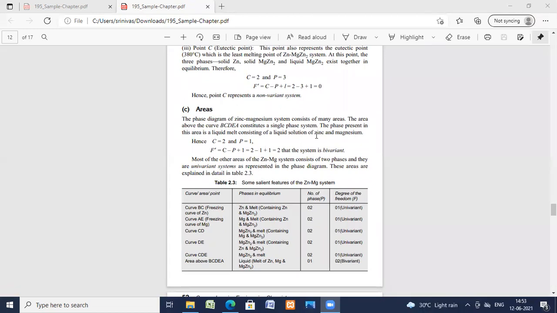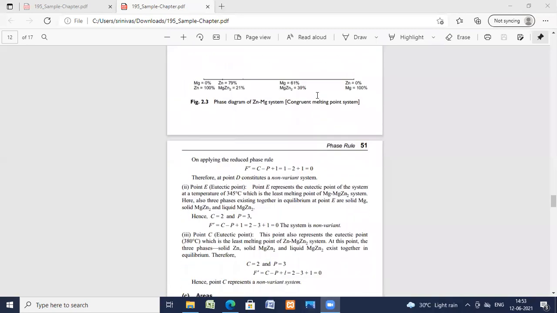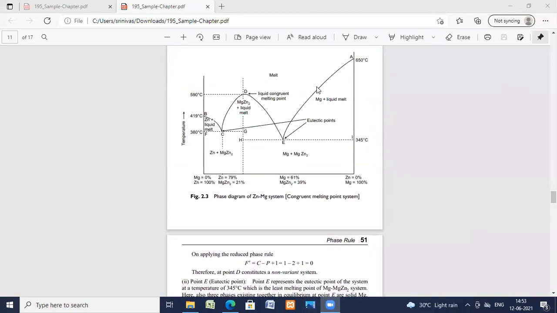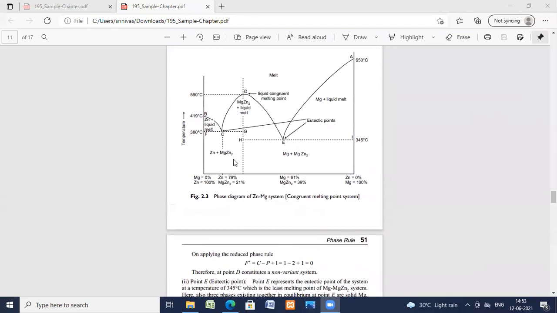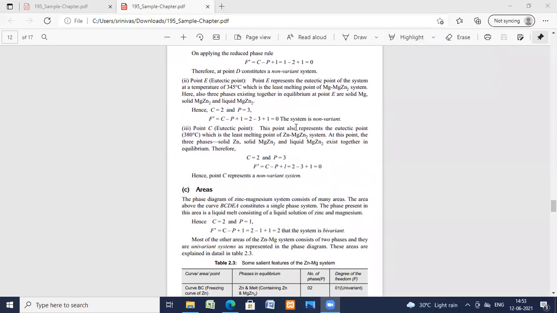In the phase diagram, the curve B, C, D, E, A, the complete area above it is a single phase.